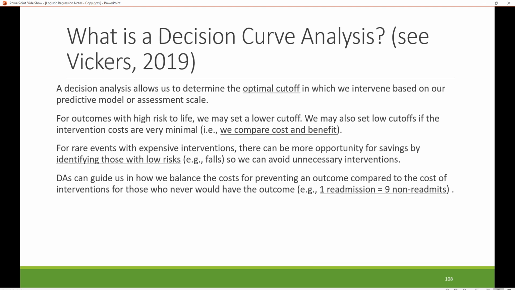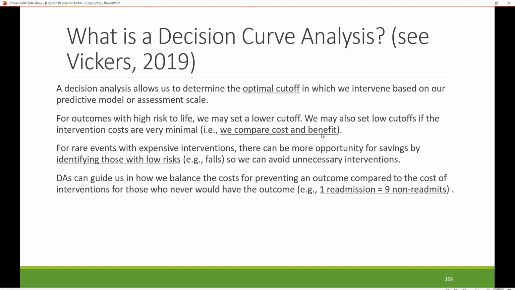And to answer what is a decision curve analysis, it is a decision analysis that allows us to determine the optimal cutoff in which we intervene based on our predictive model or assessment scale. For outcomes with high risk to life, we may set a lower cutoff. We may also set low cutoffs if the intervention costs are very minimal. In other words, we compare cost and benefit.